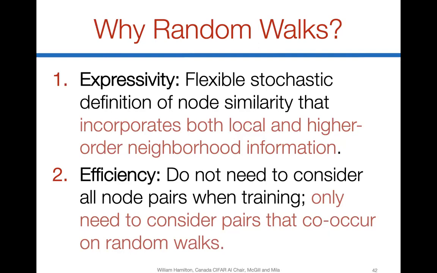We have a much more fuzzy and flexible notion of whether or not nodes are similar to one another. Another very important, more technical point is that you can implement and run these random walk node embedding approaches in a much more efficient way compared to the techniques I was discussing earlier. So we don't need to enumerate over all pairs of nodes necessarily.